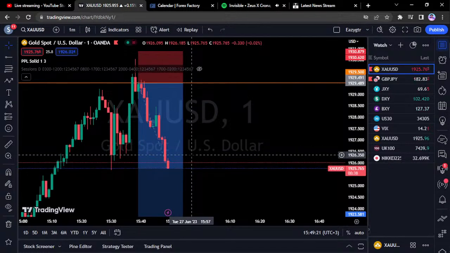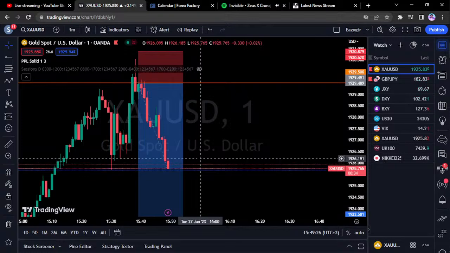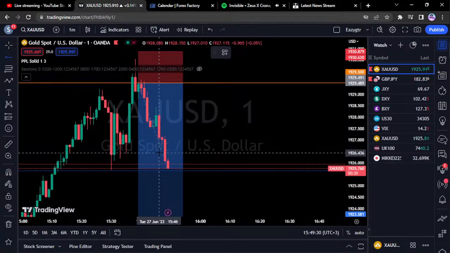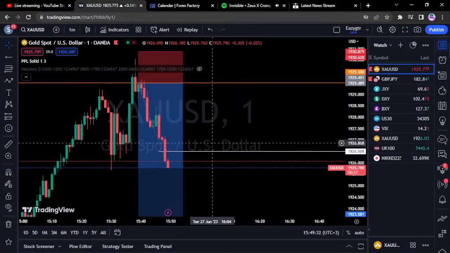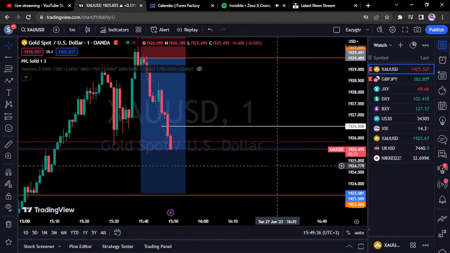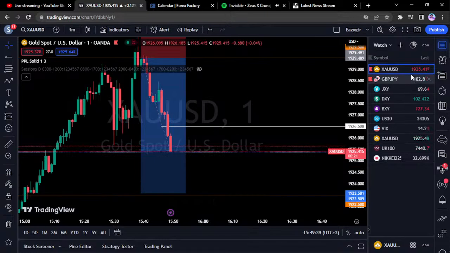My stop loss is at 1926.50. So my stops are in profit here, and I can let the rest of the trade move towards take profit.